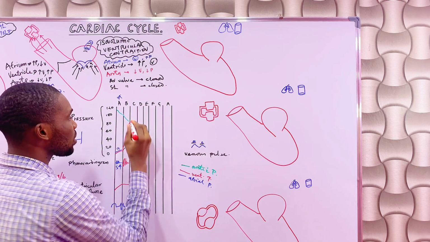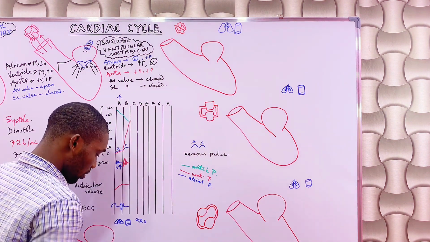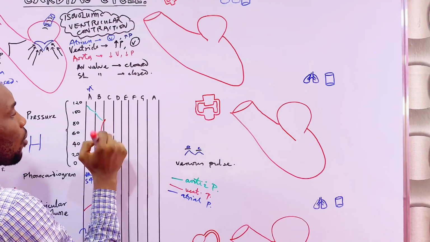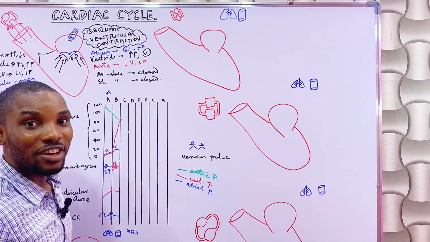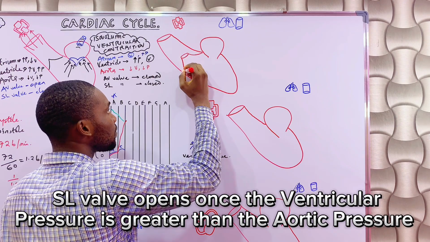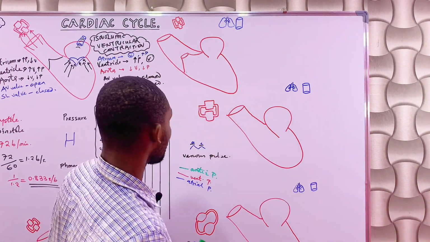The aortic pressure. And once it surpasses the aortic pressure just a little, what happens? The semilunar valve opens. So the semilunar valve opens because ventricular pressure is greater than what? Aortic pressure. All right.